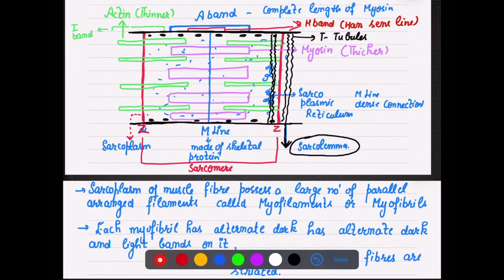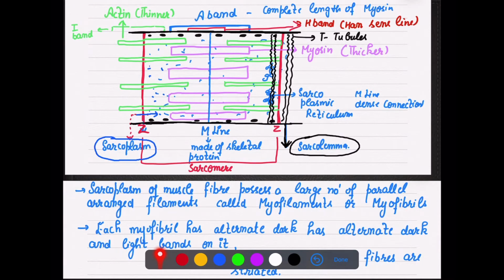And the whole rest of the portion is covered with cytoplasm, and the cytoplasm of the muscle fiber is known as sarcoplasm. So two things: first is the sarcolemma, which is the plasma membrane, and this is the sarcoplasm.